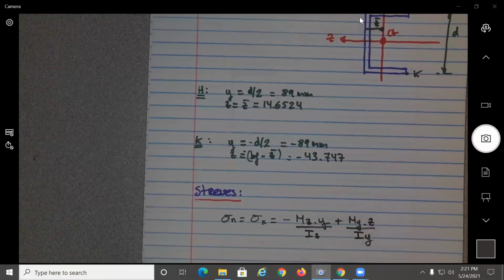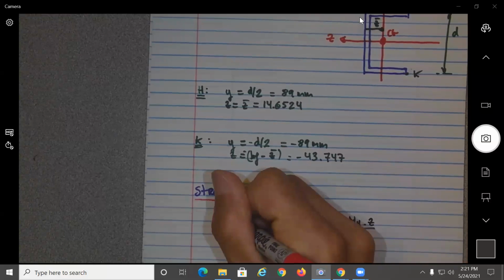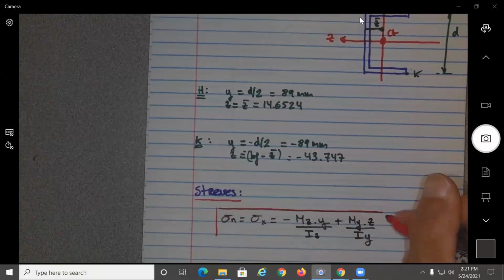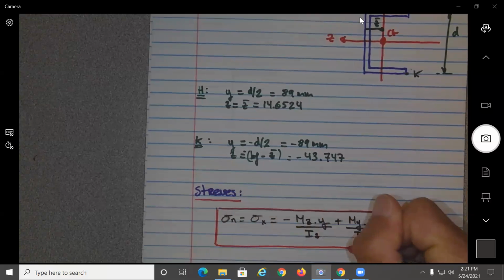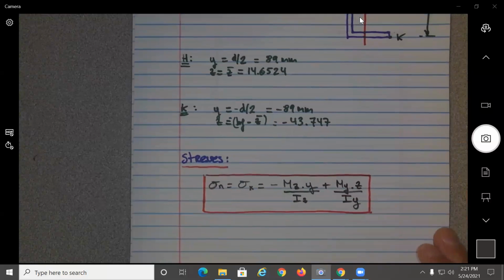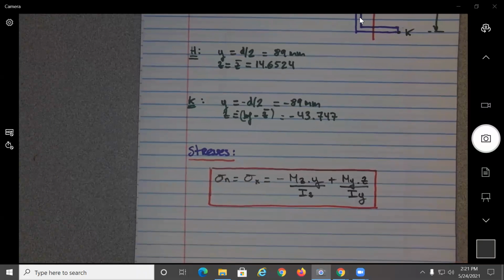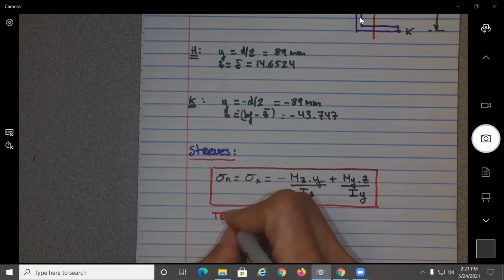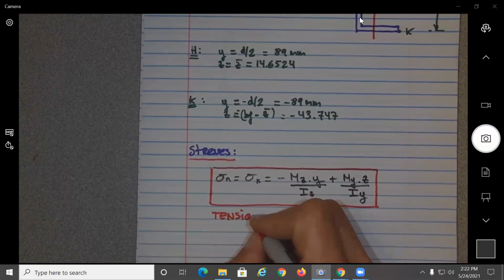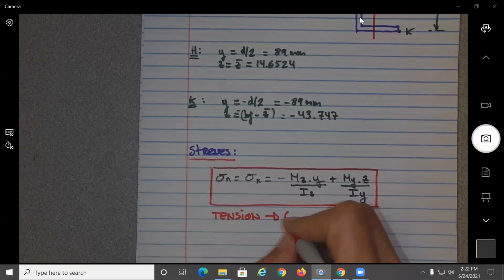So I know these signs, but like I say all the time, forget about the signs because it's very easy to make mistakes. So what we're going to use ourselves as a sign convention is what? Tension is positive.